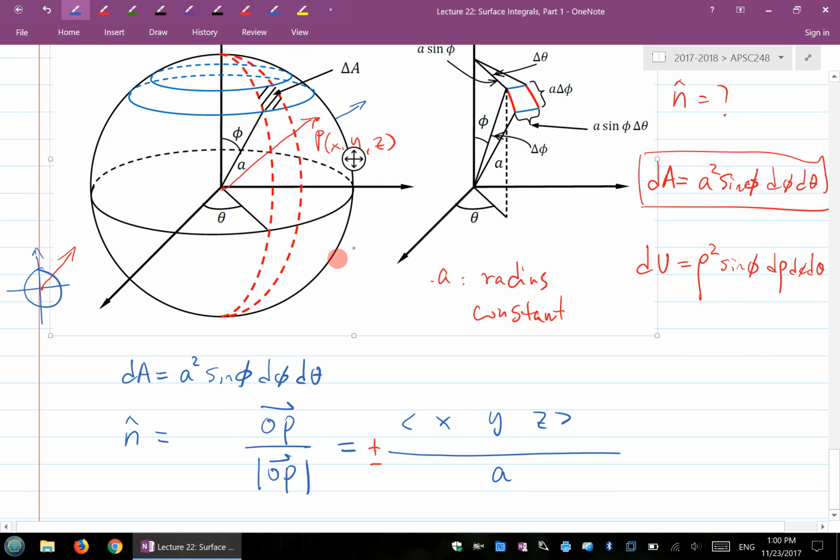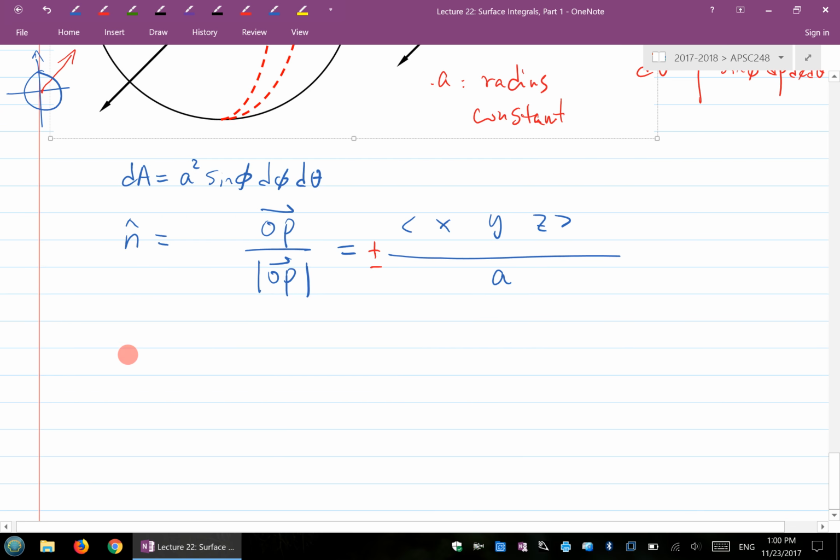Now this is a spherical surface, so chances are what set of variables you want to use? Spherical, right? So this is basically where we want to replace our x, y, z with the spherical coordinates. Okay, yeah. But with this x, y, z, you still have to be very careful. This x, y, z is not an arbitrary x, y, z all over the space, right? This x, y, z is located where?